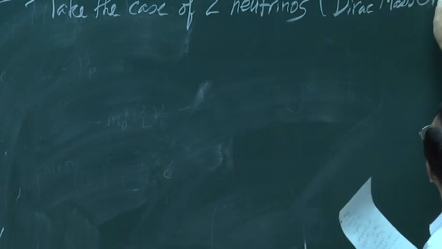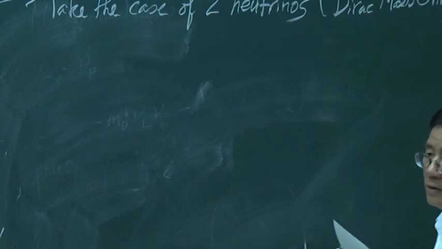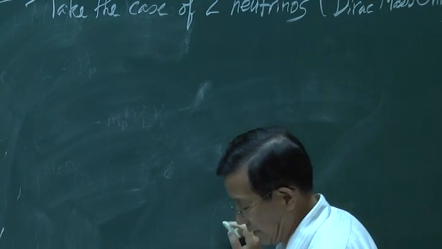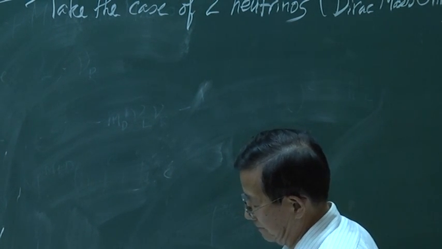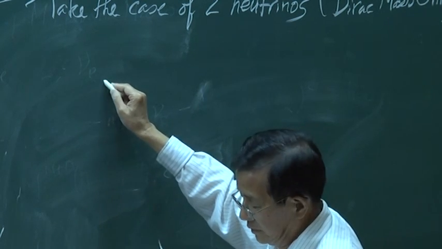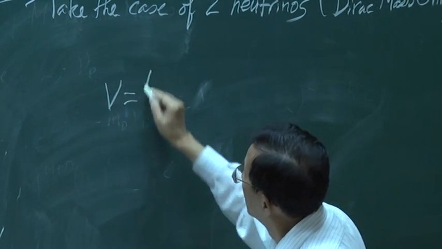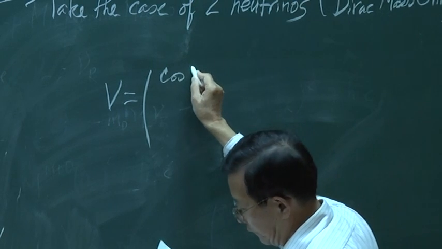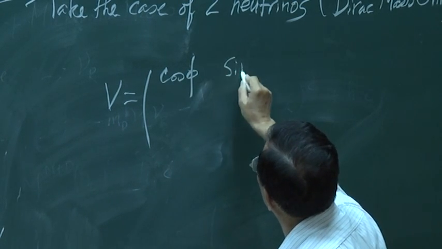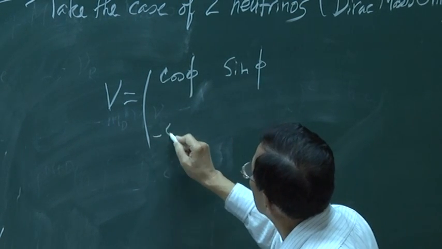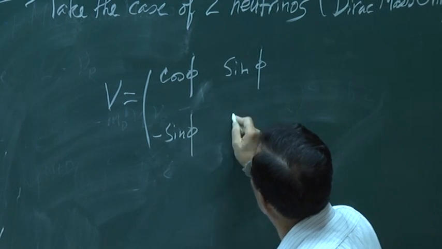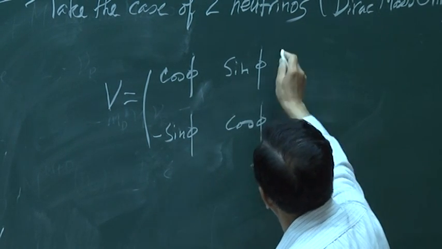I will tell you later what happens when you have Majorana masses, okay? Then this V is equal to cosine phi, sine phi, minus sine phi, cosine phi.